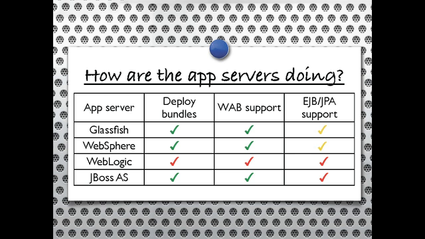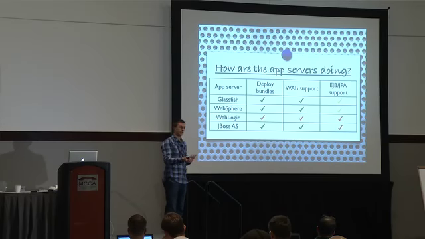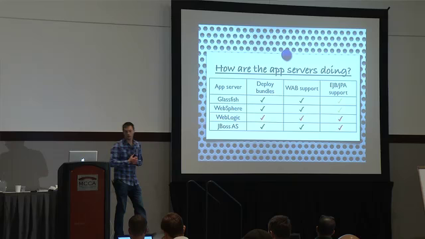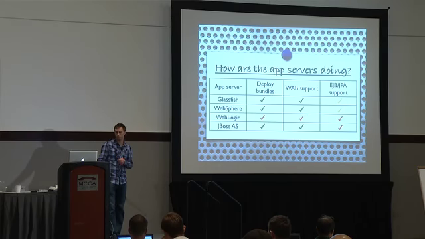And you can see, unless you're using WebLogic, which doesn't do anything, you're good to go if you want to use just the web functionality, so the WAB files. On the EJB, JPA and transaction side of things, it's a bit more complicated, and at least they're trying. You see different ways of dealing with this, and probably there will be a standard at some point, but it's not there yet. So you just have to see what your application server is offering today.